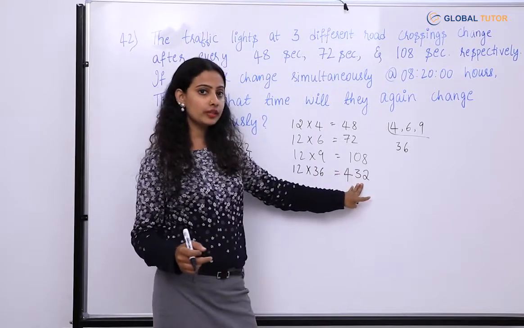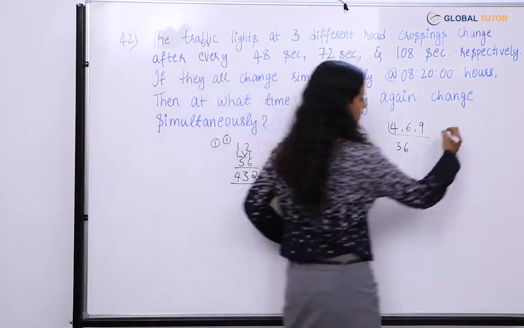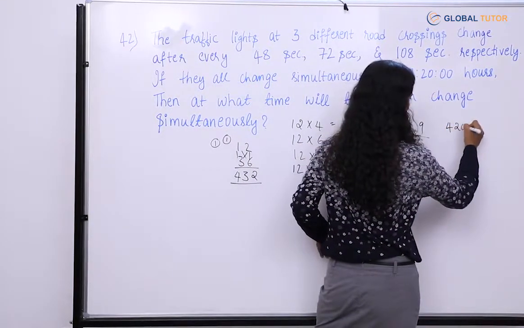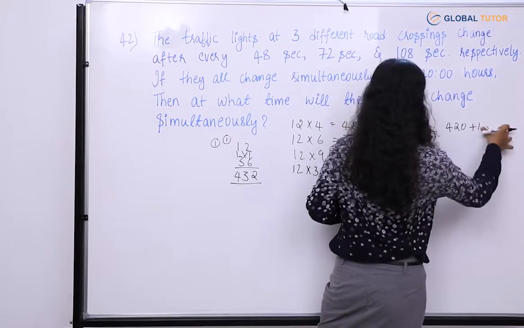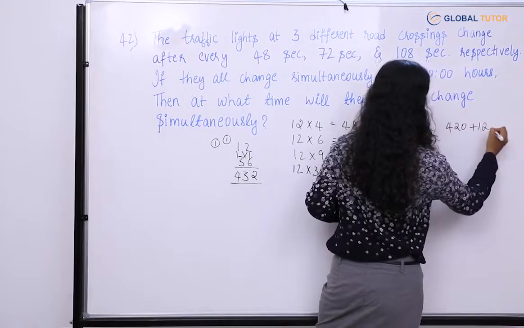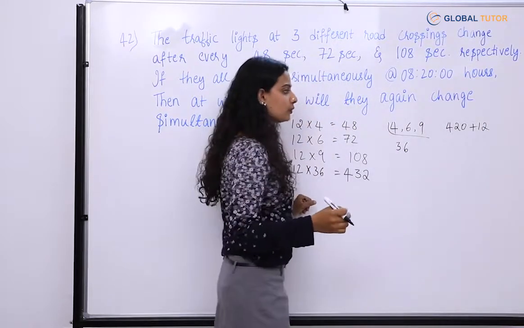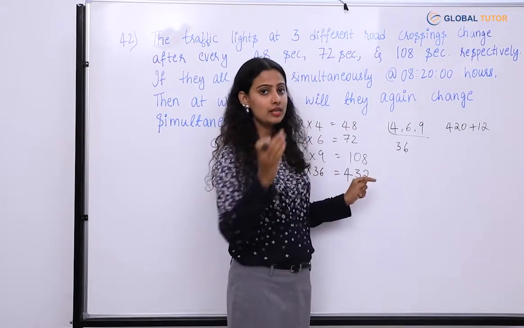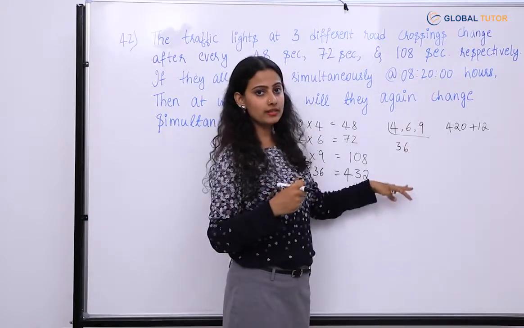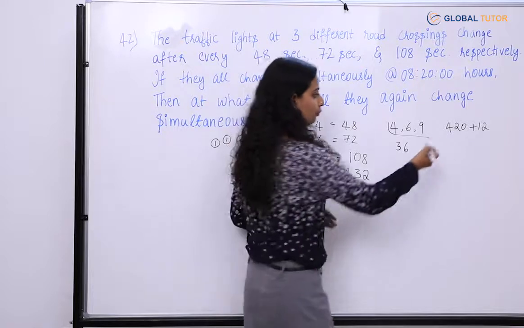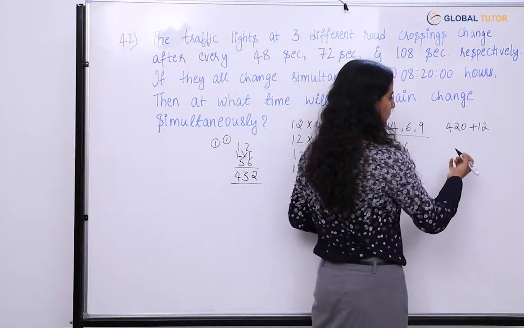How can we write 432? We can write it as 420 plus 12, right? Why am I writing it as 420? Because we need to have it in 60s multiple because we are writing it in hours and seconds format. So 42 is divisible by 6.